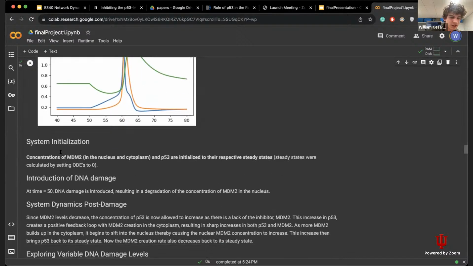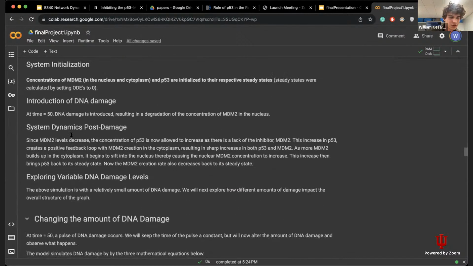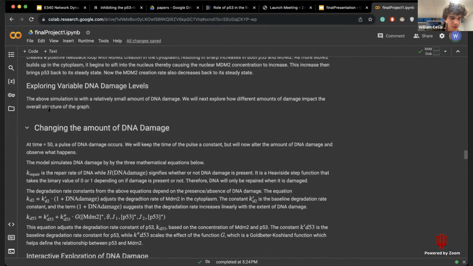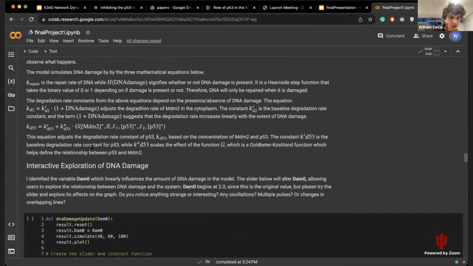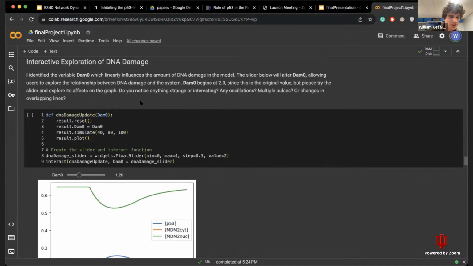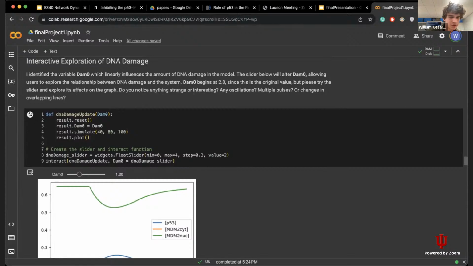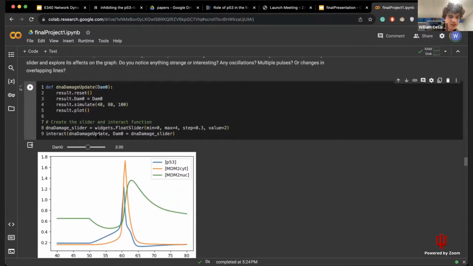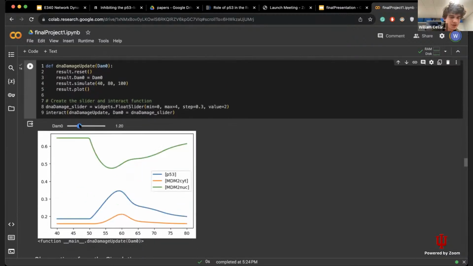I sort of explain just in short. I introduced DNA damage, I explained the constants again, and then I create this sort of interactive DNA damage slider, which is kind of cool.